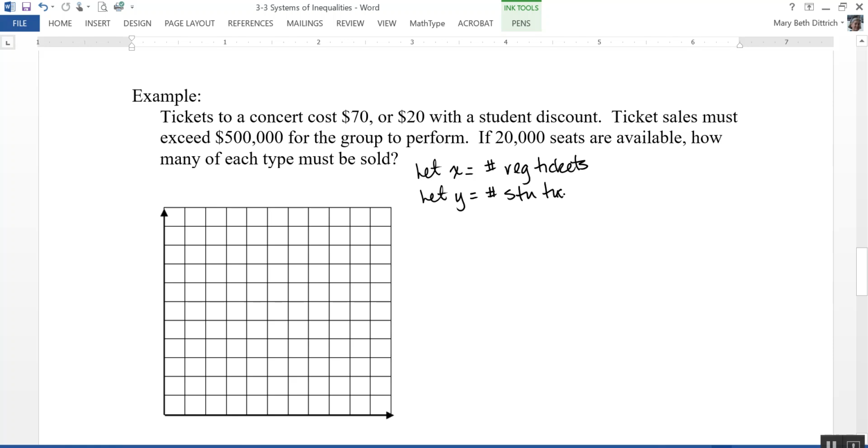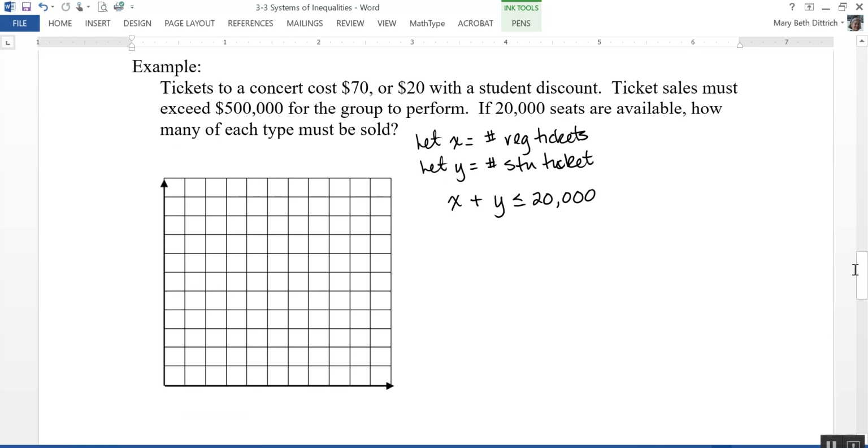Now I know right away that there are 20,000 seats available. So the number of regular tickets plus the number of student tickets has to be less than or equal to 20,000 because that's how many seats there are. Let me move this down just a little bit more here. Okay, now I know that regular tickets cost $70.